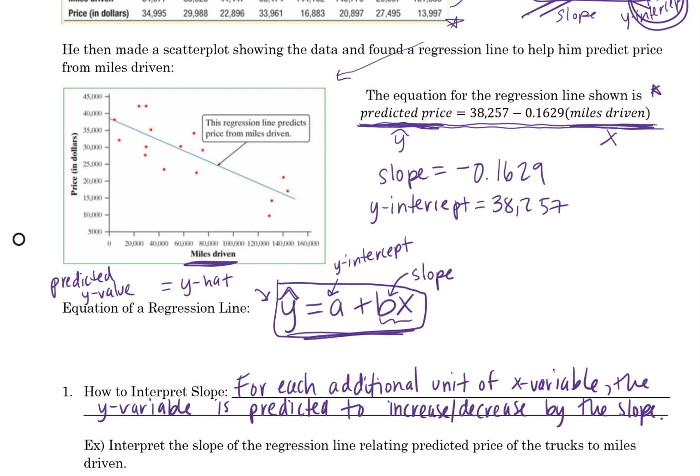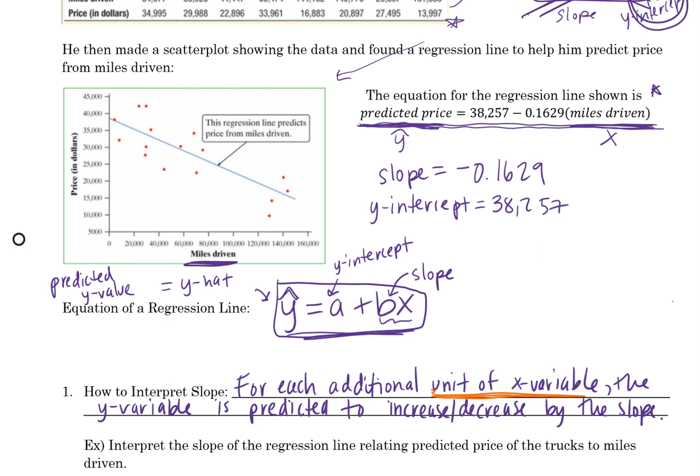Now, I'd like you to underline a couple of things. If you have a different color, that would be ideal. I'll go orange. Okay. So when you are asked to identify or interpret the slope, actually some of these are interchangeable.